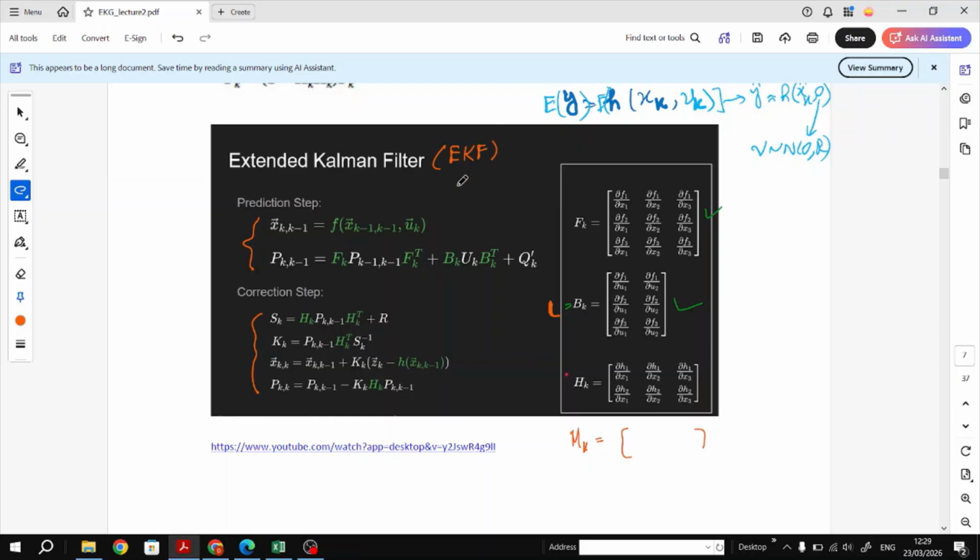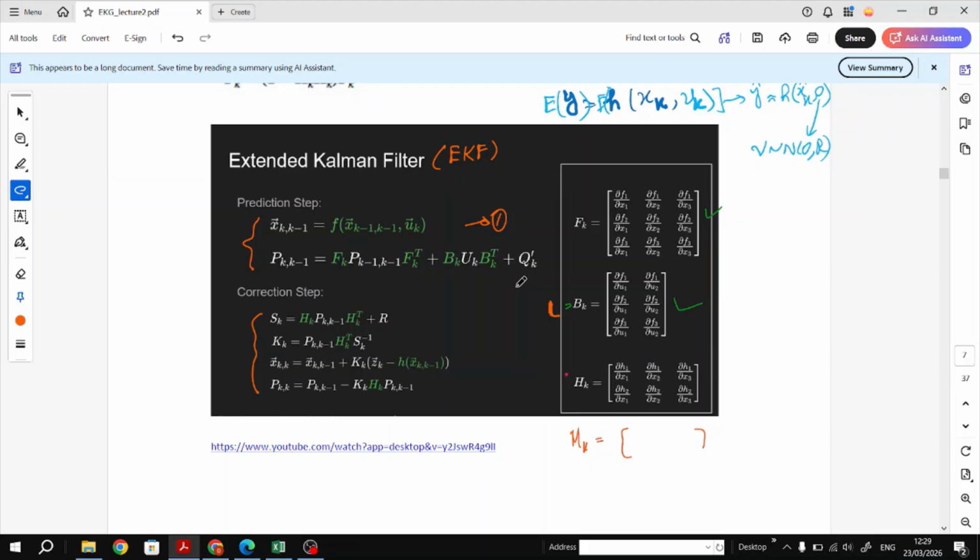Again in EKF, there are 5 equations as in the linear Kalman filter: 2 equations for the state prediction, and the other equations for the state update. Let's explore them one by one.